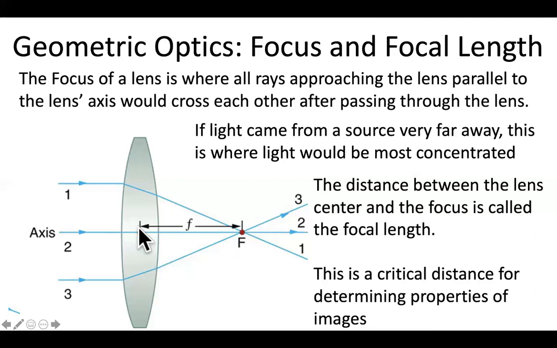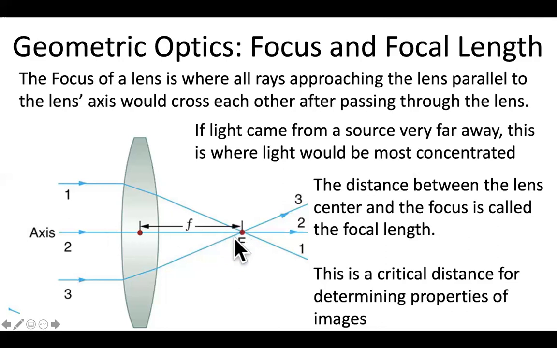What we want is a thing that does that, in which case the critical parameter is the focal length, which is basically how far this focal point is from the center of the lens. To be clear, it is defined by how far downstream from the lens it is. This can be for a lens or for a mirror, but in this case, it's how far downstream from the lens it is.